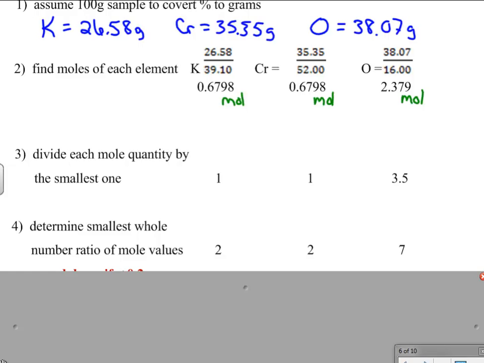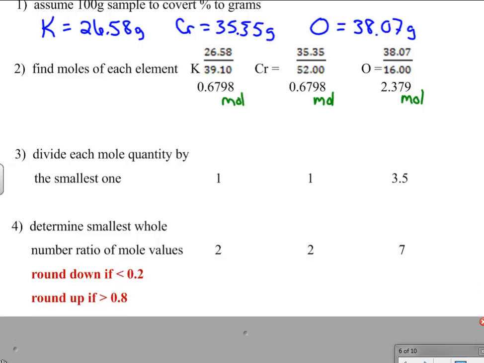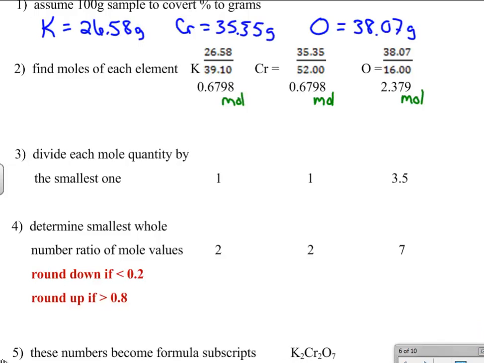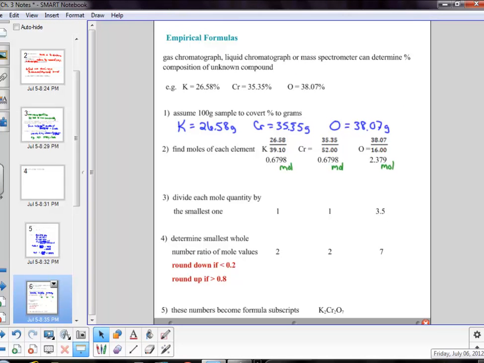So if I take each number and multiply it by 2, I get a whole number ratio, because I need whole numbers in my moles. If at this point I still have fractions, I round down if it's less than 0.2 and round up if it's greater than 0.8. Then these numbers become my formula subscripts. So my compound is potassium dichromate, K2Cr2O7. And that's using percent composition to find the empirical formula.